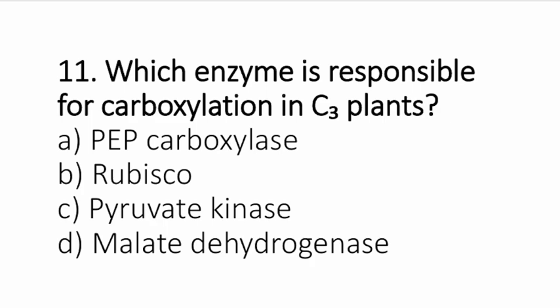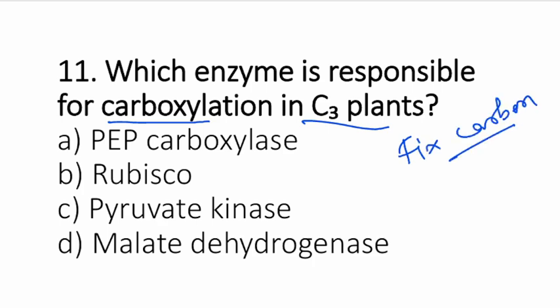Question number 11 says, which enzyme is responsible for carboxylation in C3 plants? Carboxylation means basically the enzyme that fixes carbon. The options are PEP carboxylase, rubisco, pyruvate kinase or malate dehydrogenase.